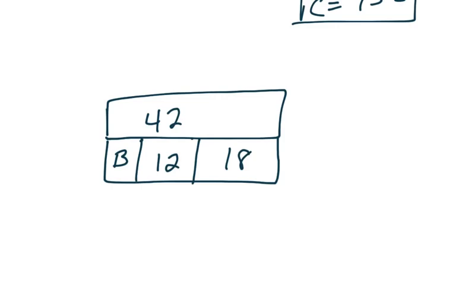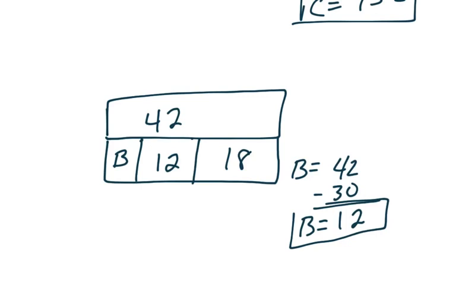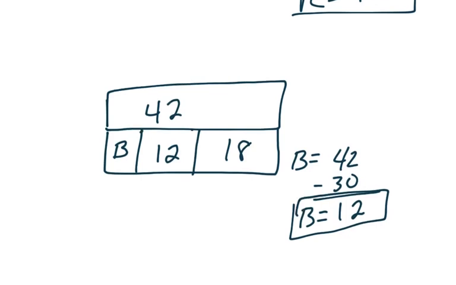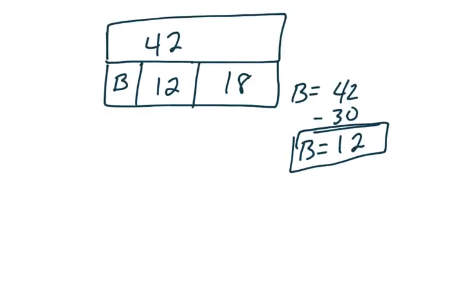So usually when I set up these equations, I'm going to put that B equals 42 minus 30, because 18 plus 12 is 30. Then I subtract, and that's going to give me 12. So I'm going to say that B equals 12.